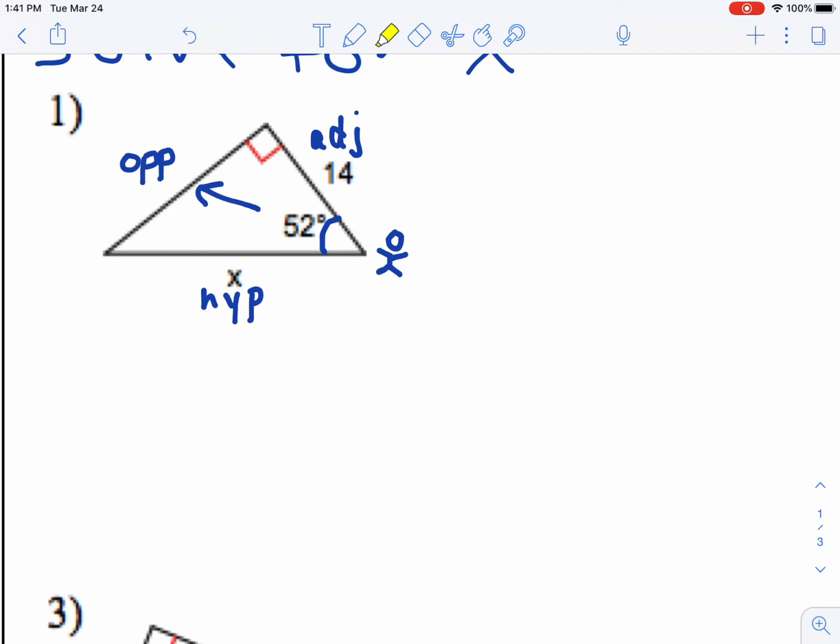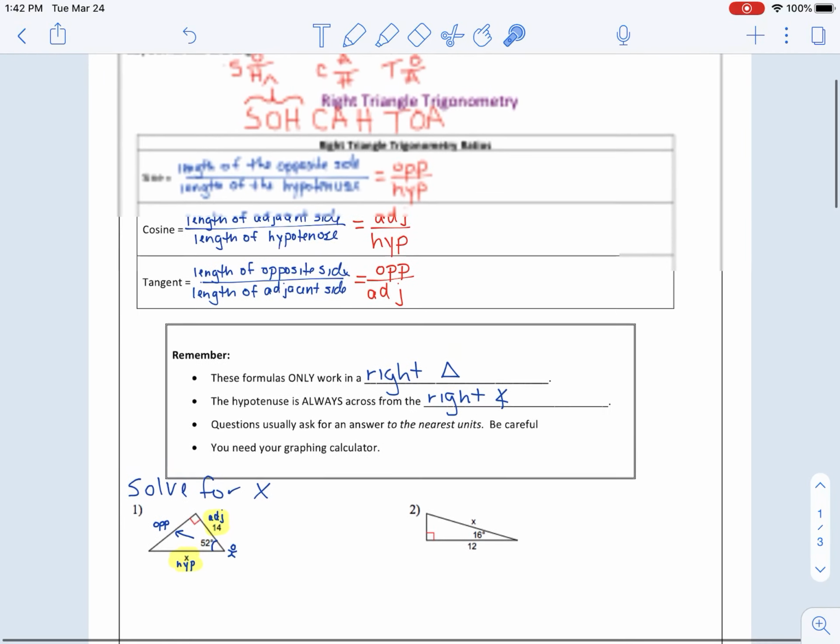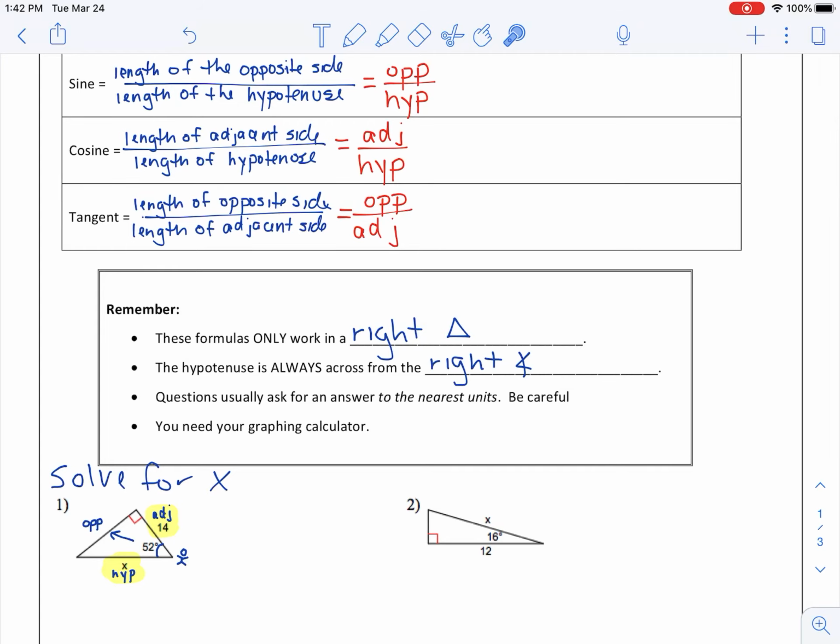Now, the way I decide which function to use is I'm given 14 and I want to solve for x. So I care about the adjacent side and I care about the hypotenuse. Go back up. Look, which one of those functions has to do with the adjacent side and the hypotenuse? Adjacent and hypotenuse means I should use cosine.